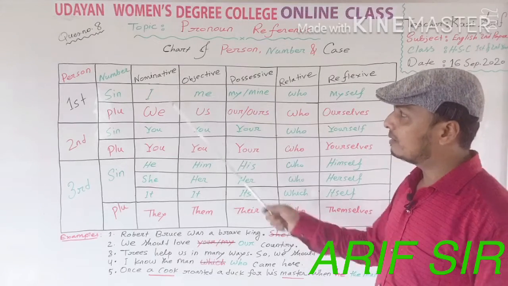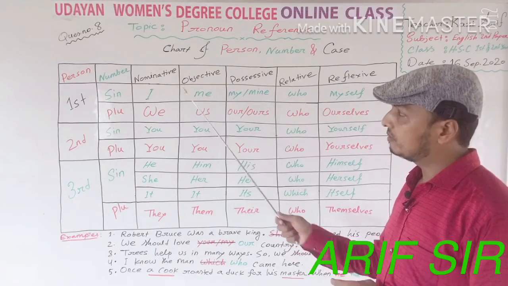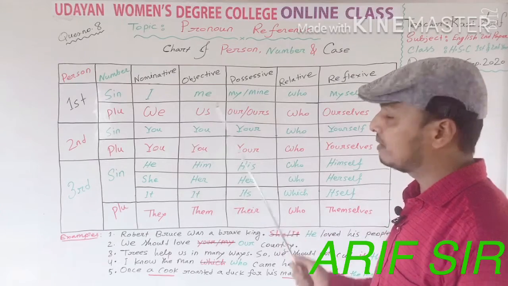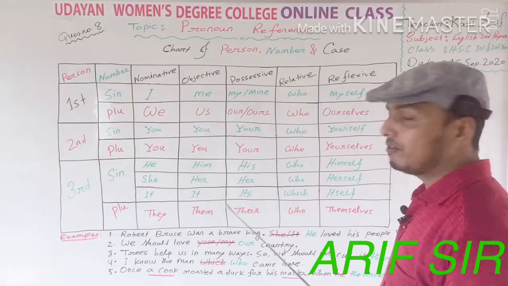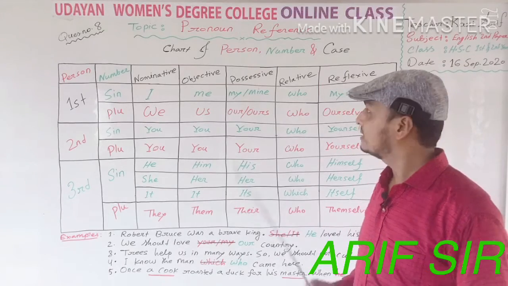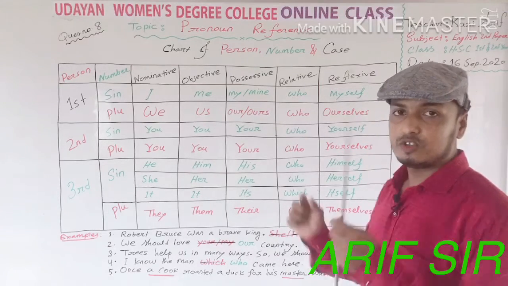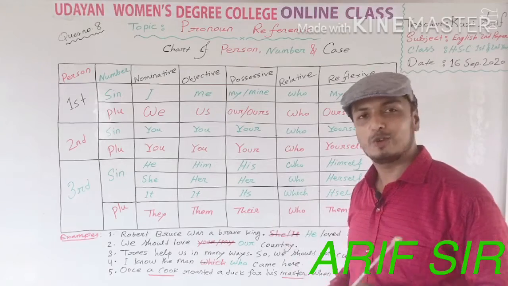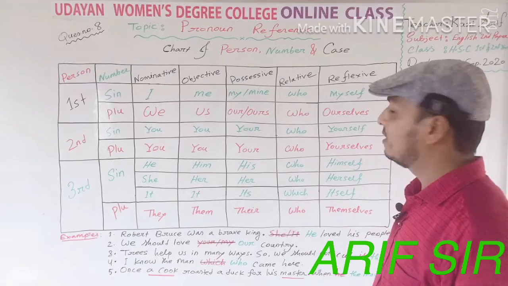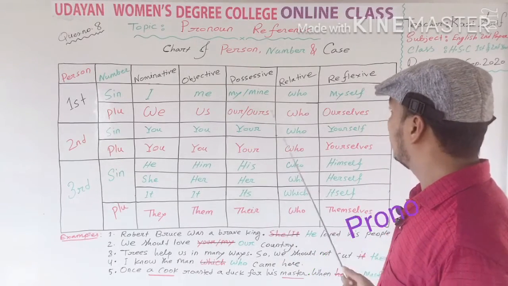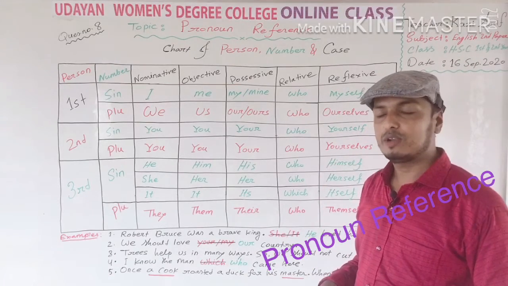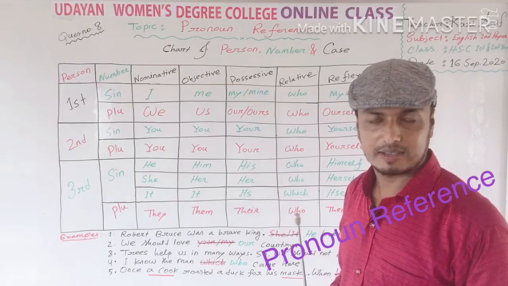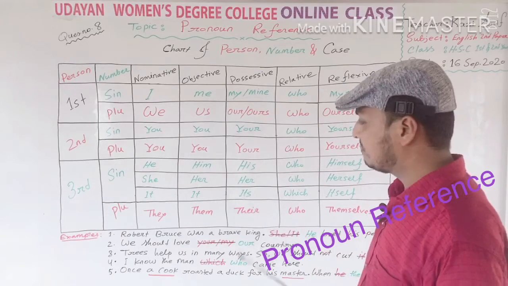We know that the subjective case is used before the verb. The objective we can use after a verb and preposition. Before a noun we should use the possessive case. Relative is used to connect two clauses, so we use a relative pronoun. Reflexive comes after the subject, when we want to give emphasis, we should use the reflexive pronoun.